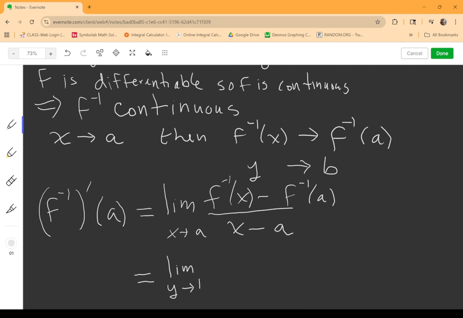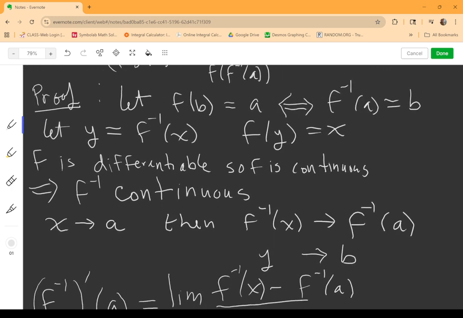Y approaches b, and then on top we have y minus b, and then down here we'll have f of y, which is my a, minus f of b. And again, these are just substitutions from the above logic.